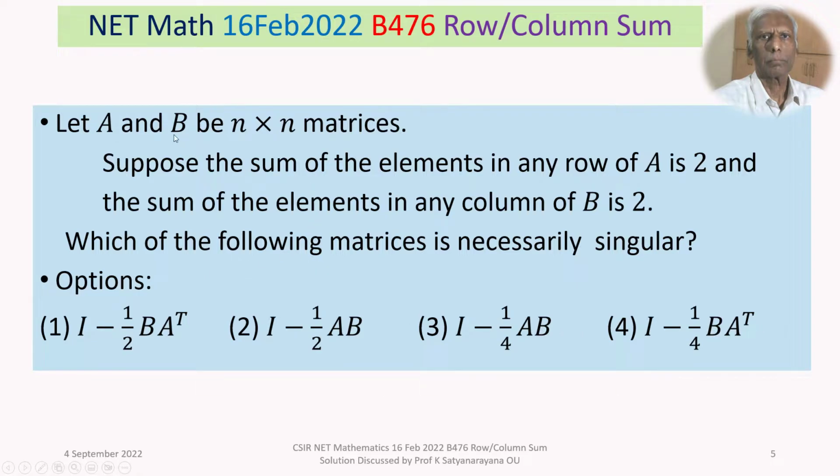We have 2 matrices A and B of order n, and it is given the sum of the elements in any row of A is 2, that is the row sum of A is 2, and the column sum of B is 2. Then which of the following is singular? And we are given 4 options.